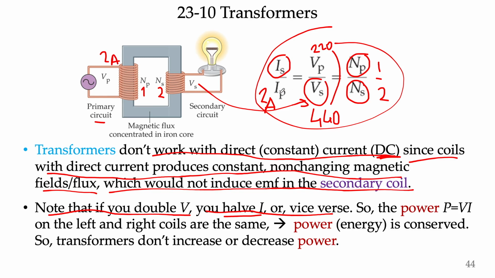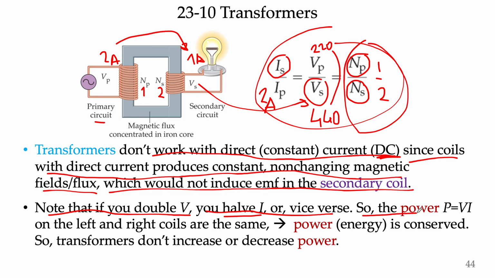Now if you look at the formula, if I primary is 2, then the secondary becomes 1. So we get 1 ampere. See, the voltage increased by a factor of 2, from 220 to 440, but the current decreased by the same factor of 2, and it is determined by this ratio.